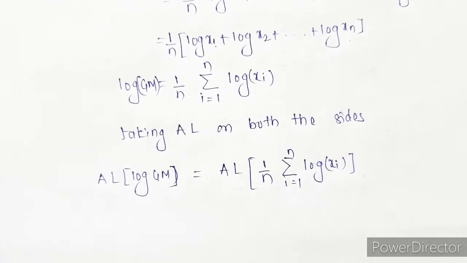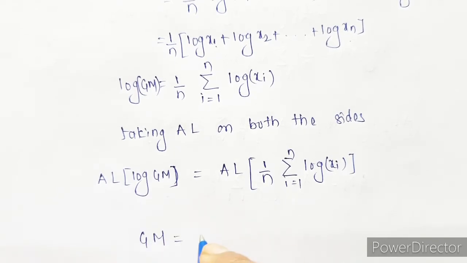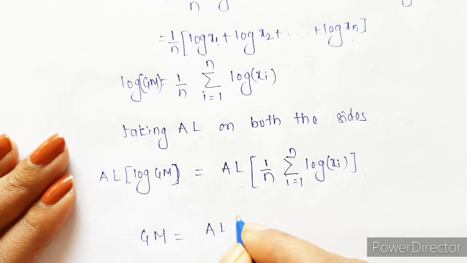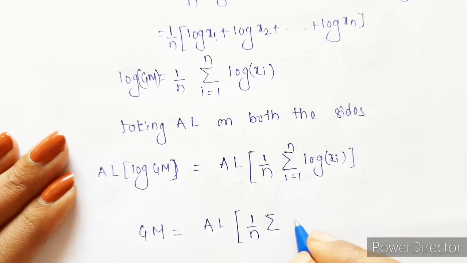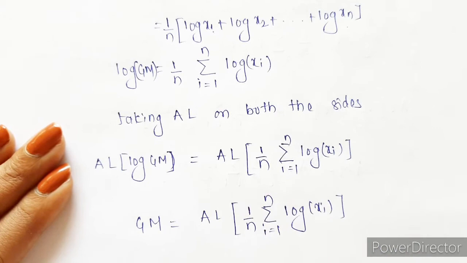Now whenever I am taking anti-log, this anti-log is going to cancel this log. So what we are getting is geometric mean is anti-log of this entire value, 1 upon n summation of log of xi where i is going from 1 till n.